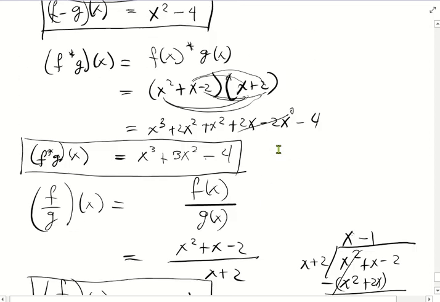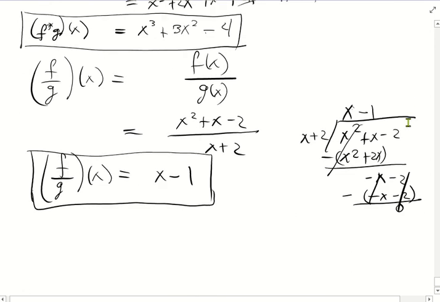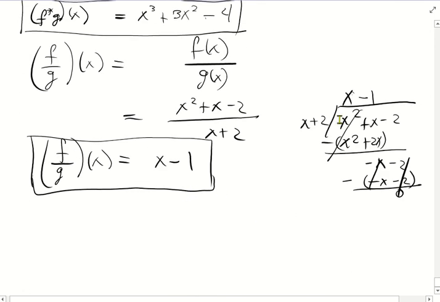Then I want to include some problems here. What if I want to solve f divided by g of 2? So what is f divided by g of 2? There are two ways in solving f divided by g of 2.